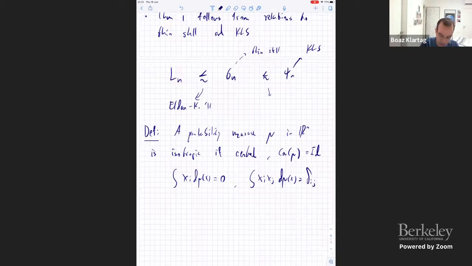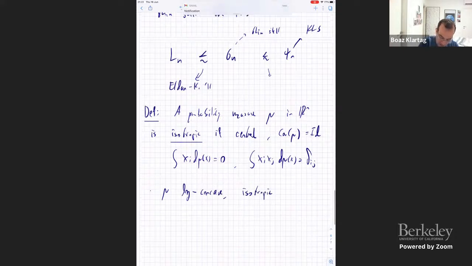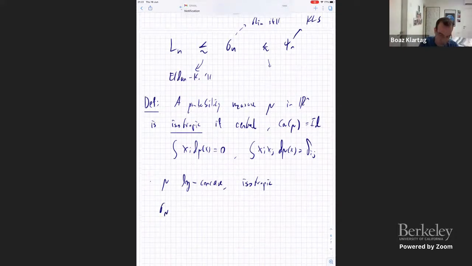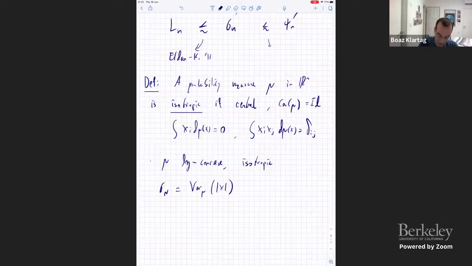And now the thin shell constant. If mu is log-concave and isotropic, normalized, the thin shell constant, sigma of mu, is just the standard deviation of the Euclidean norm. And actually it's also equivalent, up to a universal constant by a reverse inequality for polynomials, to the variance of the norm squared divided by n.